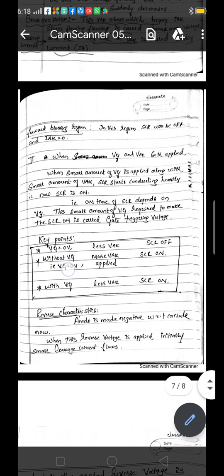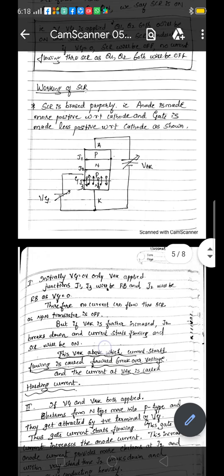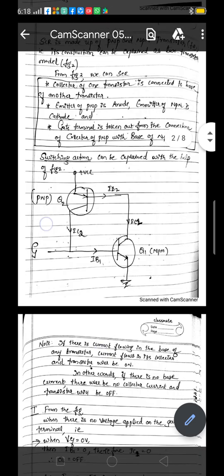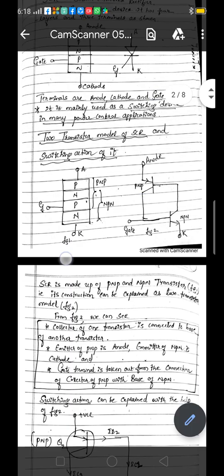You came to know what is SCR. SCR is nothing but a semiconductor device having 4 layers and 3 terminals. It is a switching device used in phase control applications. Then the 2 transistor model. This SCR is nothing but a combination of PNP and NPN transistors. You have drawn the combination.